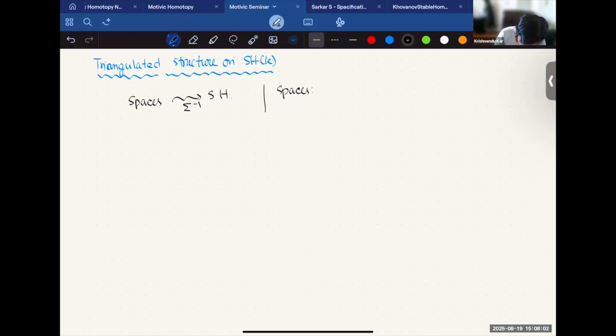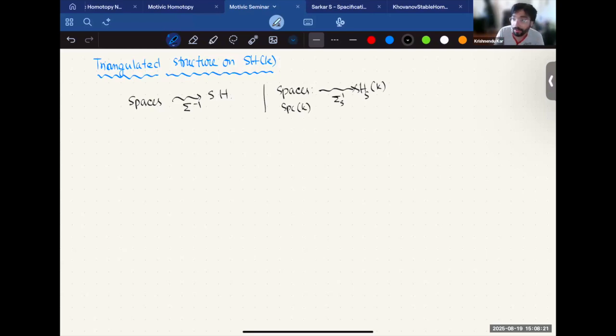First we inverted your simplicial suspension to get SH^S(k), the stable simplicial homotopy category.